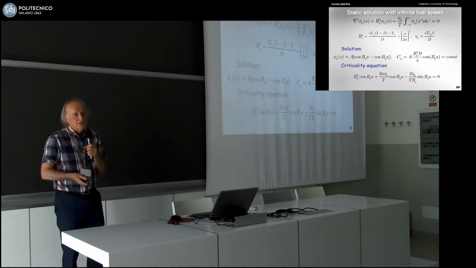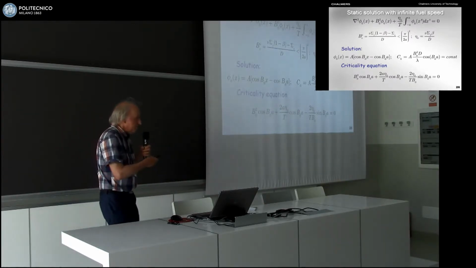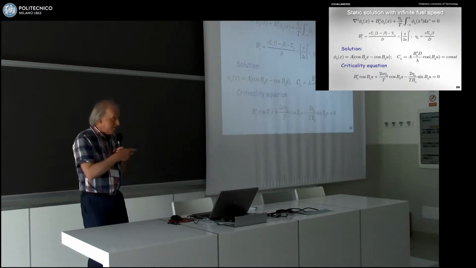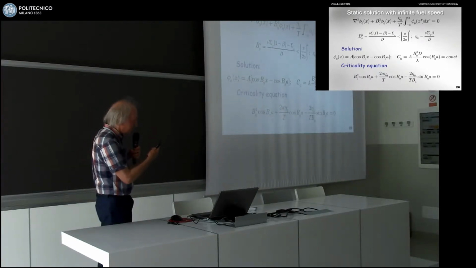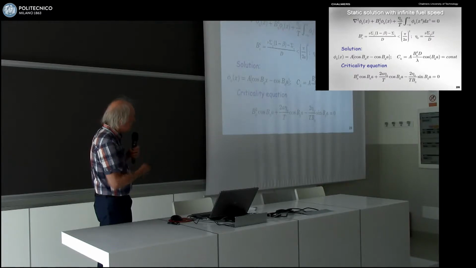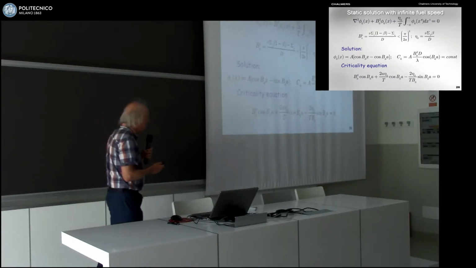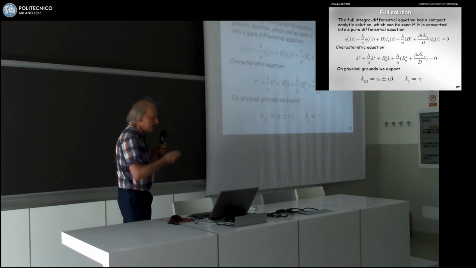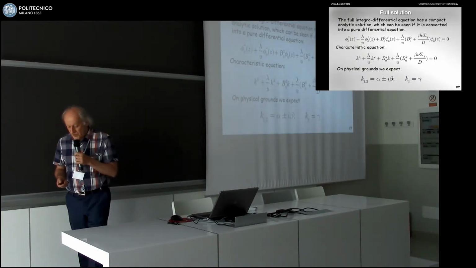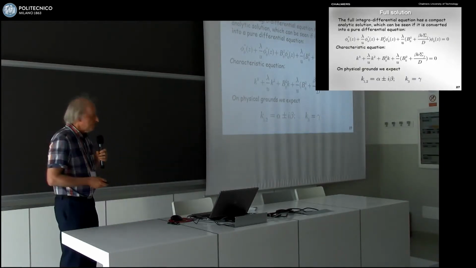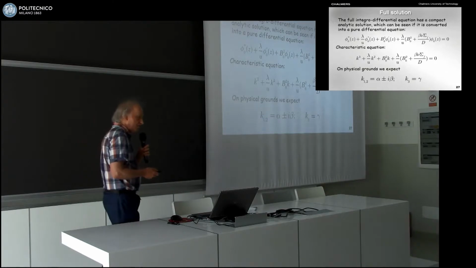Of course, the solution is undetermined up to a constant because it's a homogeneous equation in the sense that the flux occurs in all 3 terms, and that's it. And even the static equation can be solved without this approximation.